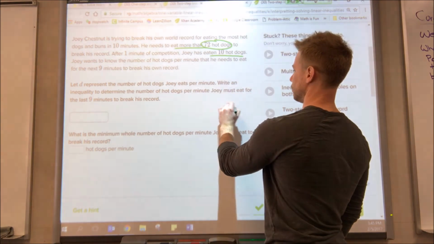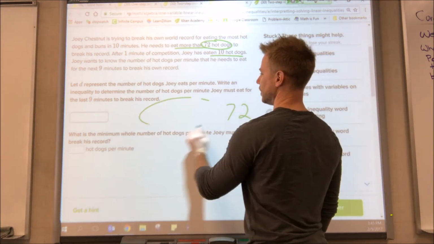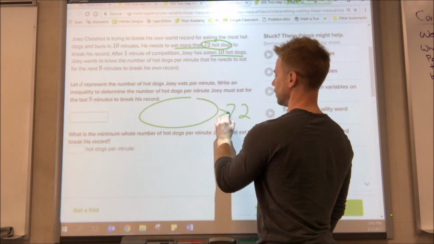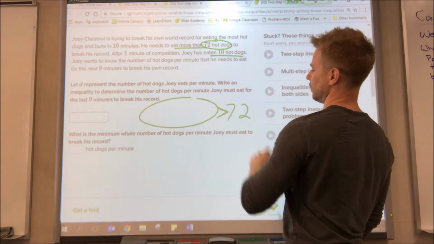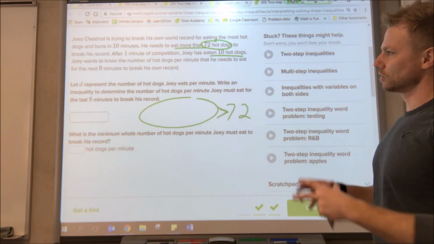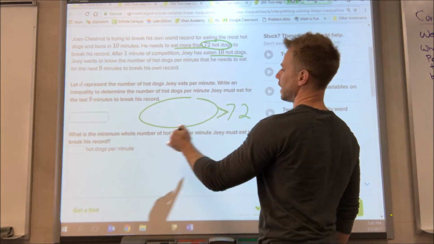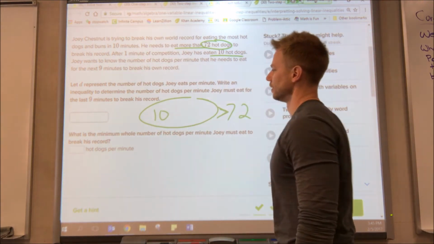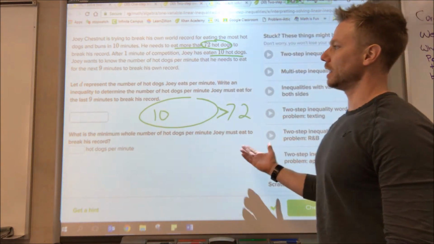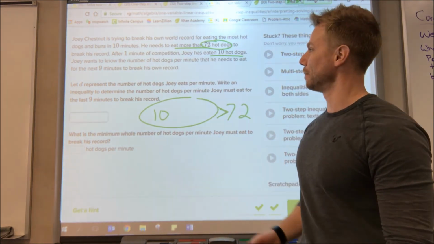So on the right, we'll put 72. And what makes up that total has to be greater than 72, because he has to eat more than 72 hot dogs. What's going to make up that total is the 10 hot dogs he already ate, and then however many hot dogs he eats per minute for the next 9 minutes.